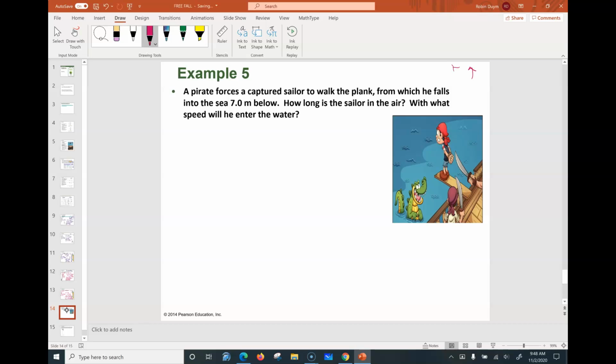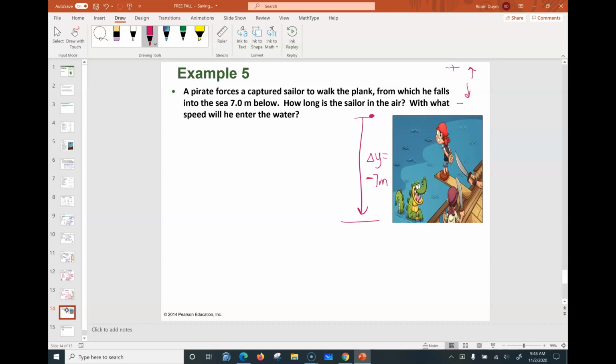Remember, up is positive, down is negative. So he's going to start here at the plank and he's going to move down to the sea. And we know that he's moving downward, so our delta y is negative 7 meters.